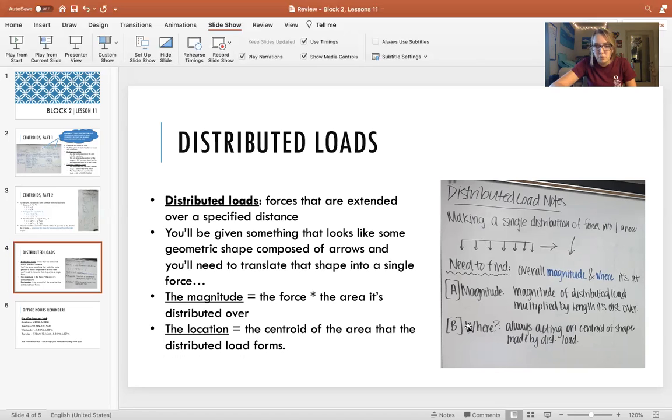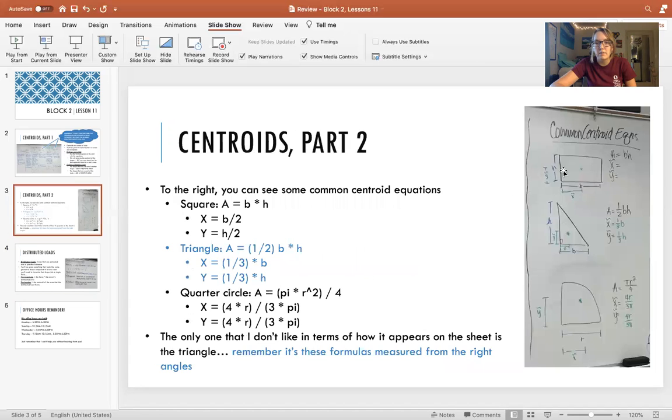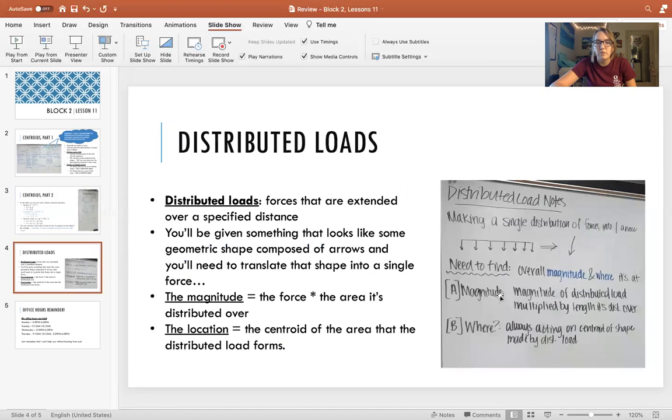The location is where the shape comes in, or the centroid comes in, right? So in this example, it's a rectangle. So you approximate it as a rectangle, and you solve for the centroid at exactly that location. So the centroid of this will be right in the middle.